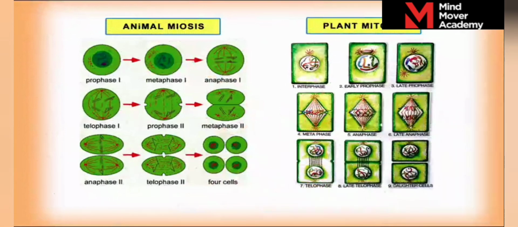The various phases of mitosis are nearly similar in both animal and plant cells. For better understanding, the mitosis in animal cells is described here, and wherever variation occurs, the mitosis in plant cell is also described. Let us study about the phases in detail.